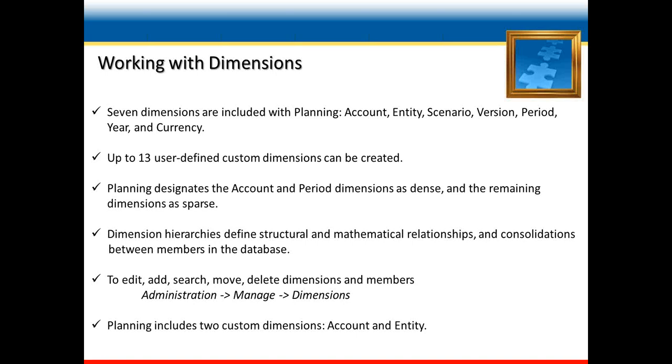A planning application supports a maximum of 13 user-defined custom dimensions. Planning designates the account and period dimensions as dense and the remaining dimensions as sparse.